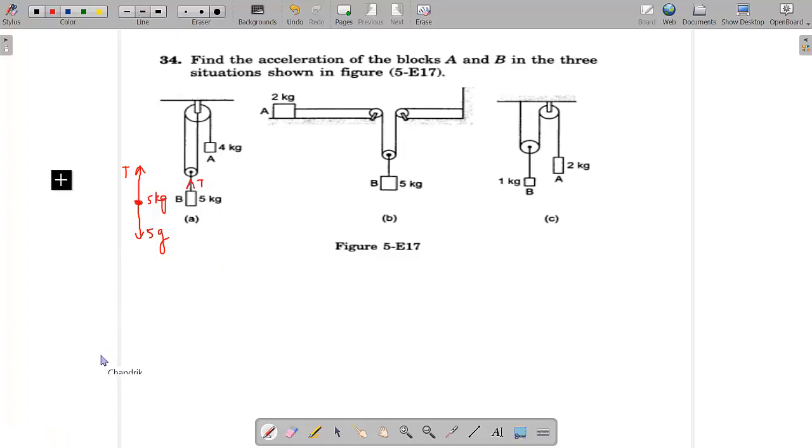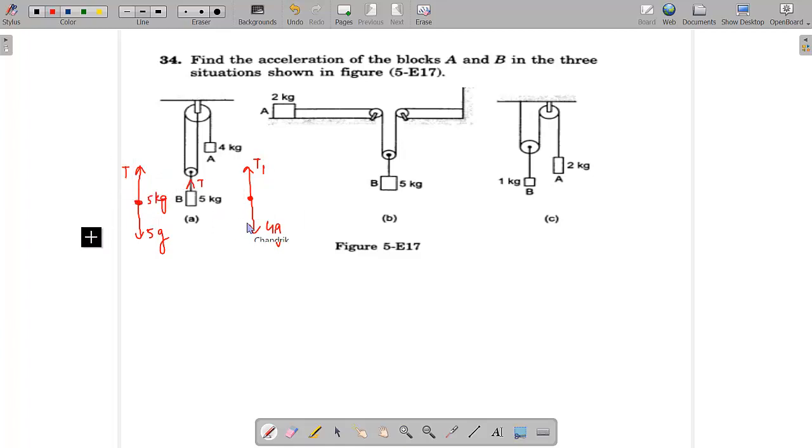Now if you consider the 4 kg block, what are the forces acting? Only one tension upwards. We will assume it T1, because this is different from the other one.